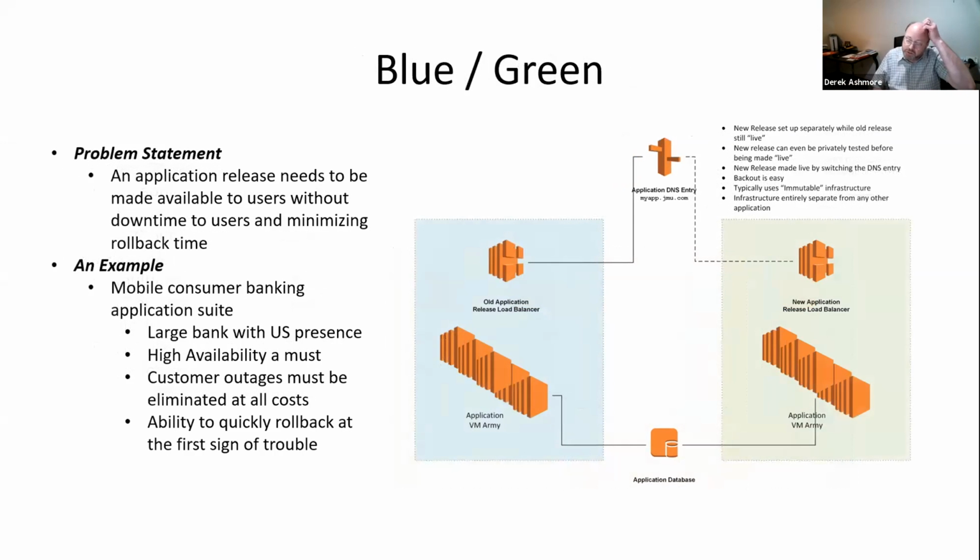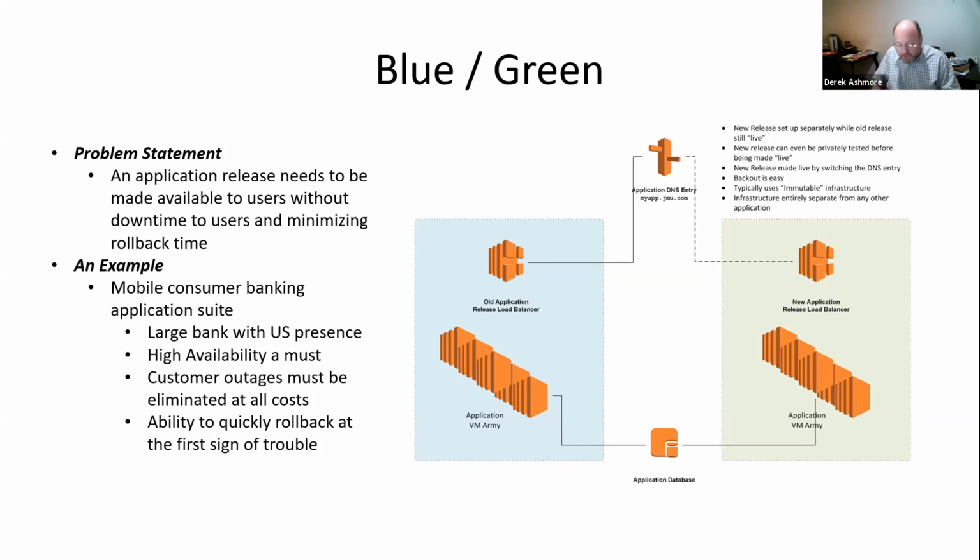Okay, blue-green, and it's primarily used in the cloud. Some of my colleagues who are real VMware pros will tell me that if you have VMware on premises, you can do this on premises too, but I haven't seen anybody really want to go down that path.